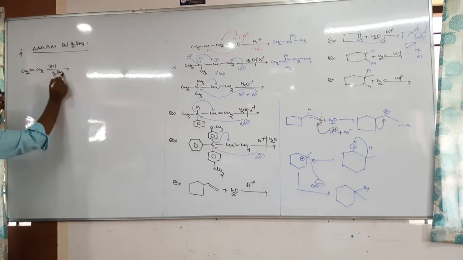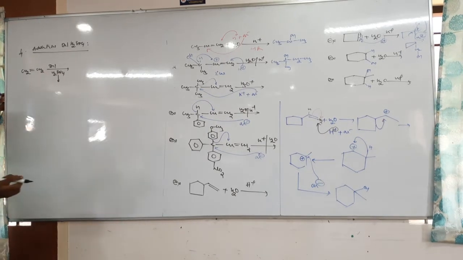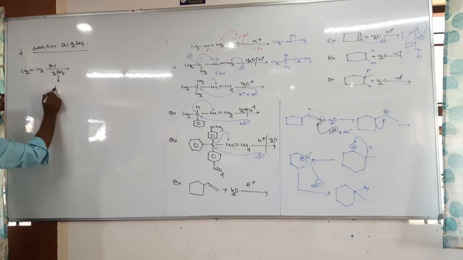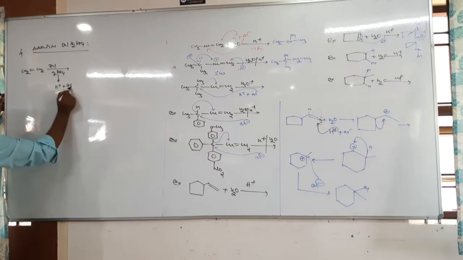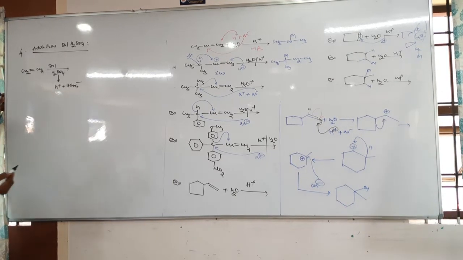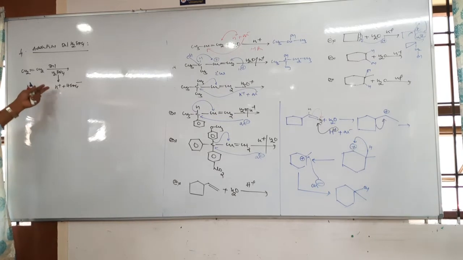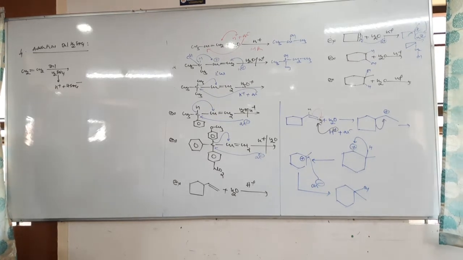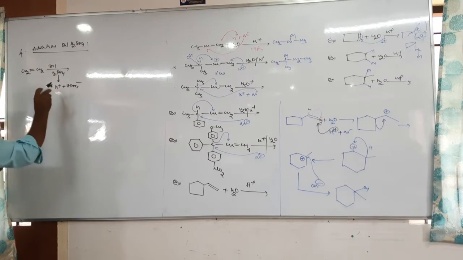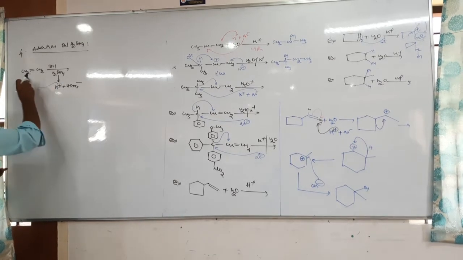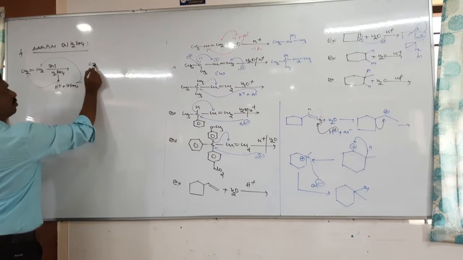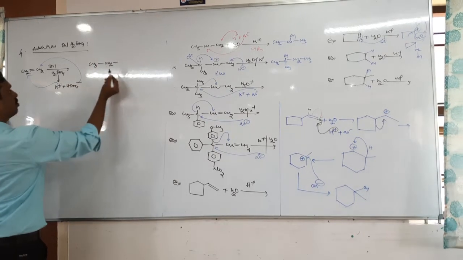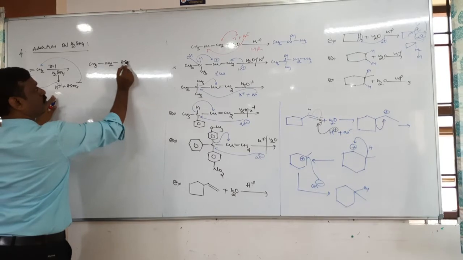The meaning of dilute is that there is more water. Sulfuric acid produces H plus and HSO4 minus. Now add H plus and HSO4 minus according to Markovnikov rule. The richer becomes richer. H plus is added to one carbon and the anion is added to another carbon. Then CH2 becomes CH3, and the other CH2 becomes CH2 HSO4 minus.